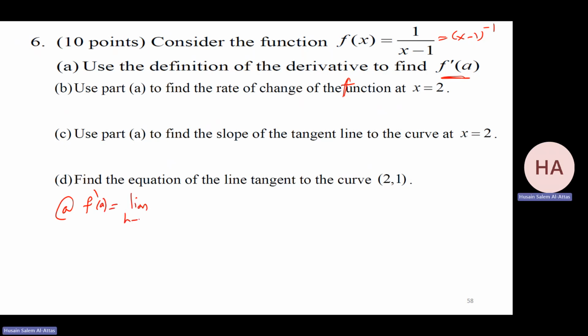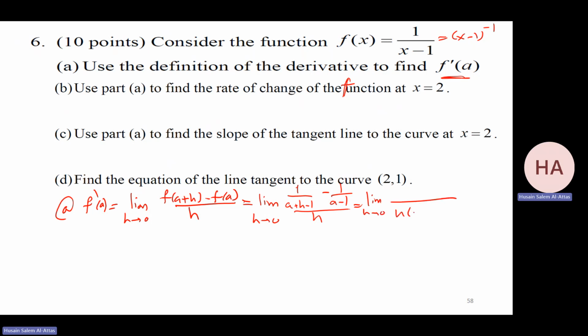Limit h goes to 0, f of a plus h minus f of a over h. Do the calculation. Limit h goes to 0. What is that? 1 over a plus h minus 1, minus 1 over a minus 1, all over h. And that will be limit h goes to 0.